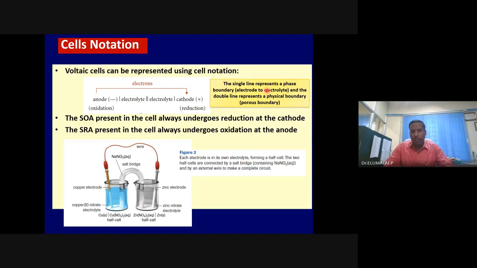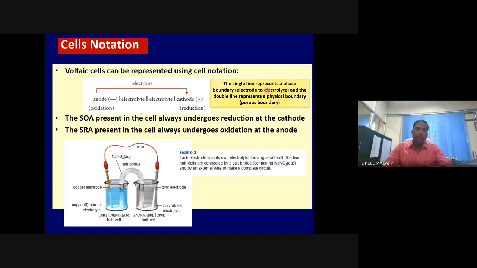Any electrochemical cell can be symbolized and simplified, so that whoever sees the notation can see what cell it is. Not only in India, but also Bangladesh, Nepal, Bhutan, America, Europe, everywhere, they should be able to see what is the anode, cathode, etc. That is the purpose of having this universal cell notation.